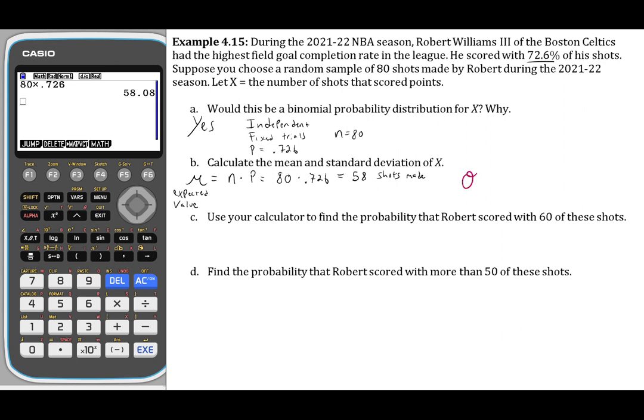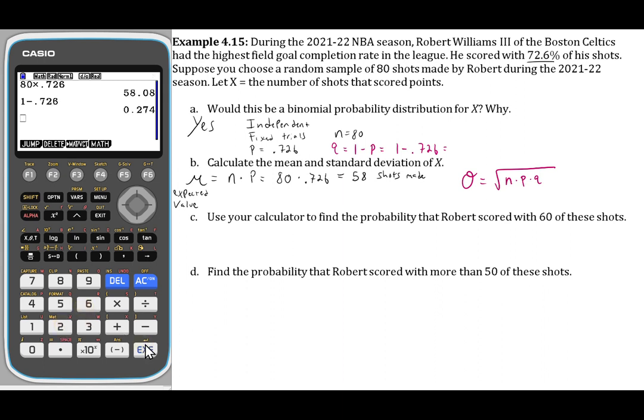We can also find the standard deviation using the formula, the square root of n times p times q. If p equals 0.726, q is just the complement, 1 minus p. So 1 minus 0.726 is 0.274. When we do this calculation, we'll have 80 times 0.726 times 0.274.